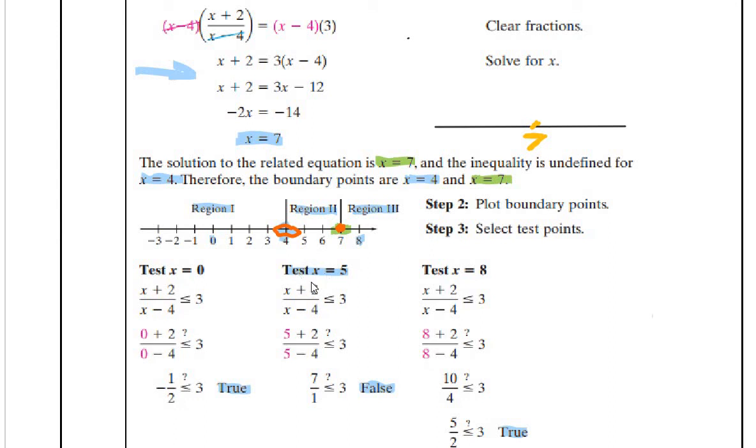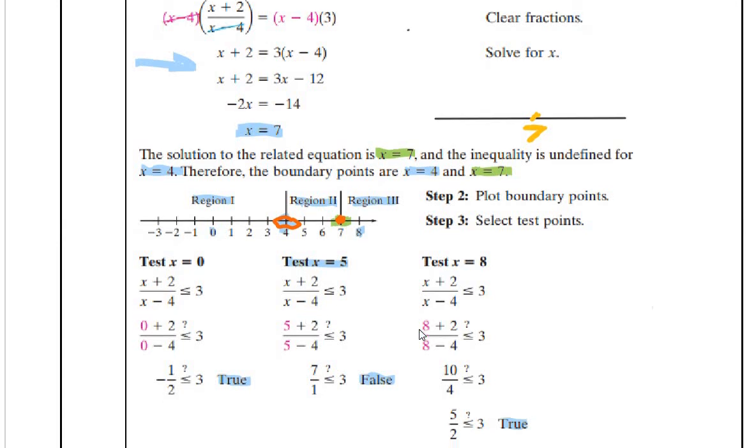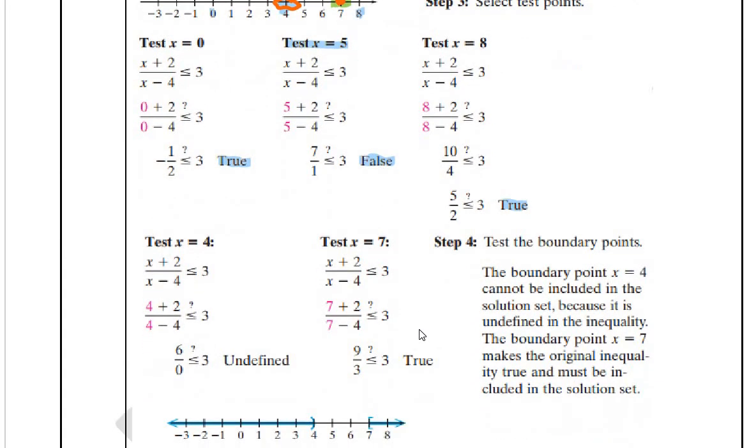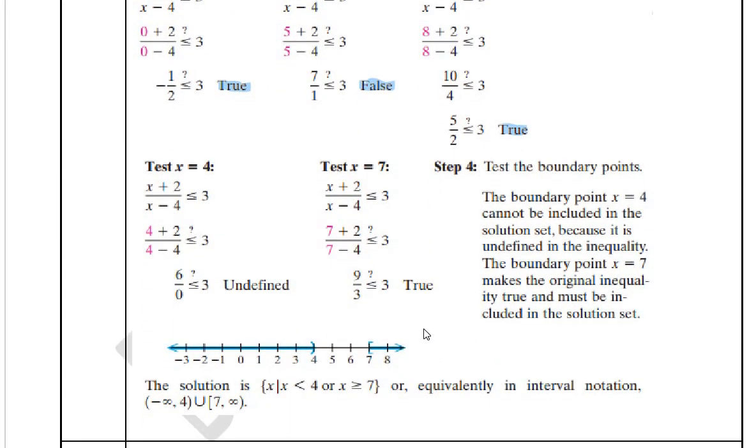But we can never include the restriction because we cannot divide by 0. So in our answers, the 7 is included and the 4 is not included.